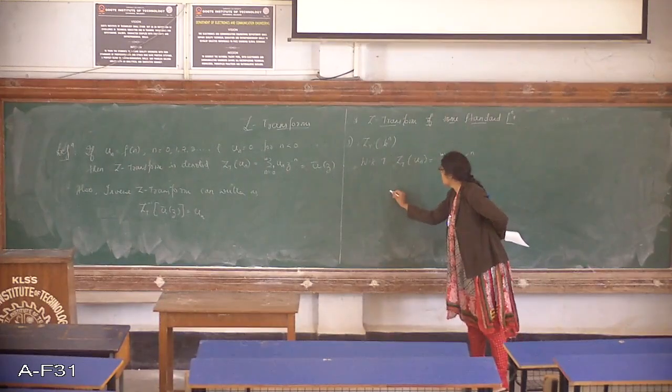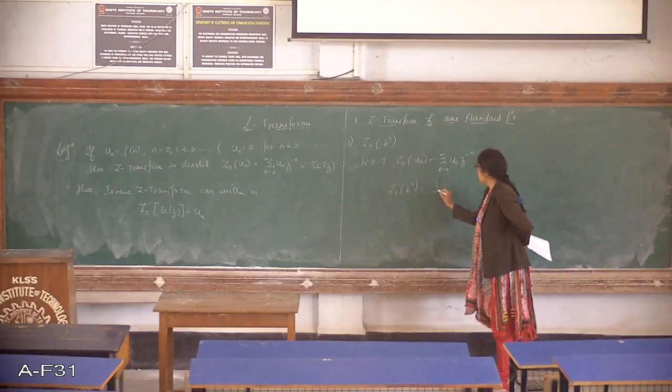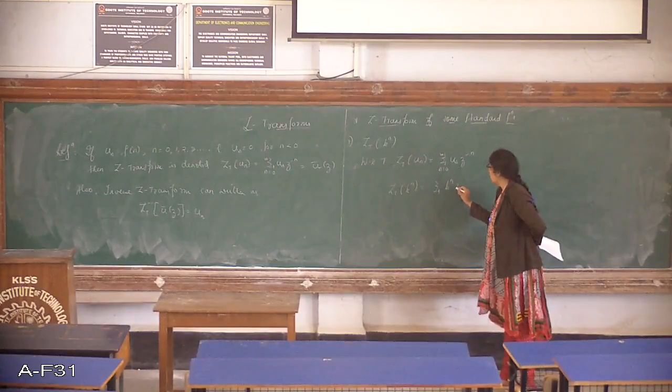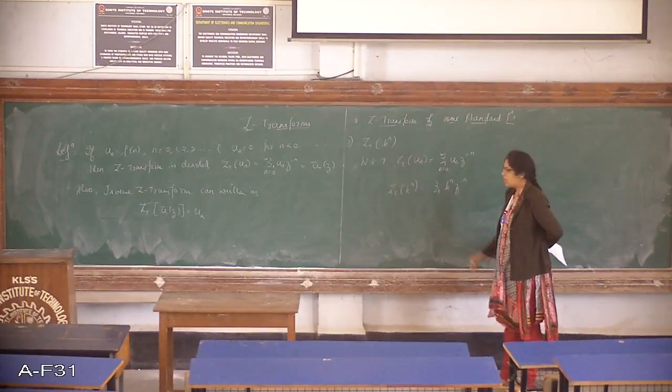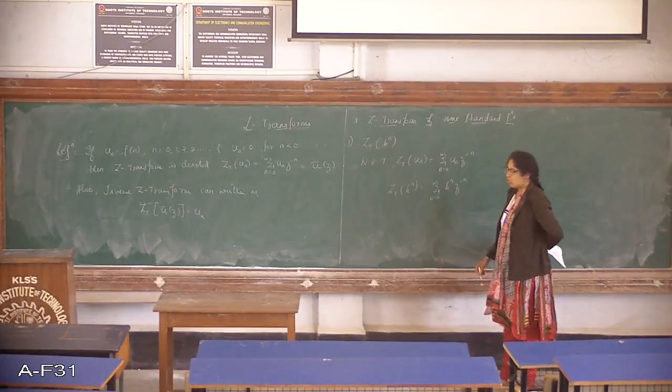So if I want Z transform of k^n, I can write this as the summation of u_n, that is, the function of n here is k raised to n, into z raised to minus n, and n is taking the value 0, 1, 2, 3, and so on.